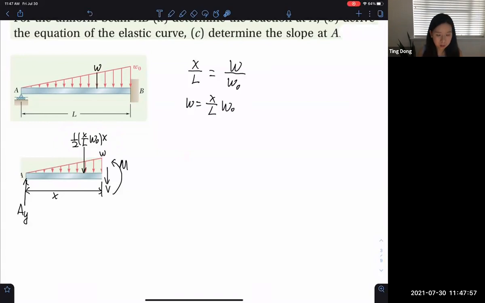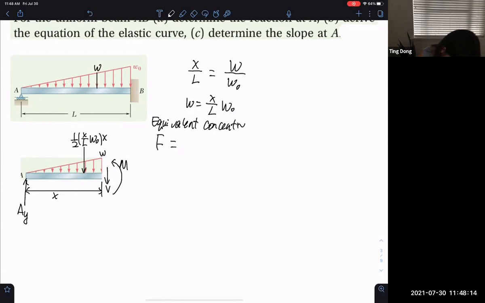The equivalent concentrated force is the area under this one, so it's equal to W times length X and one half.